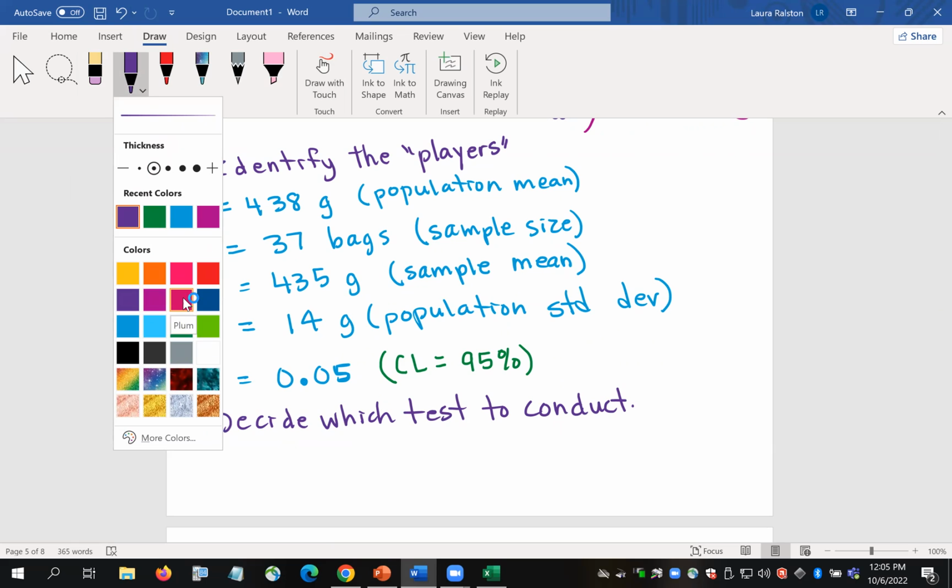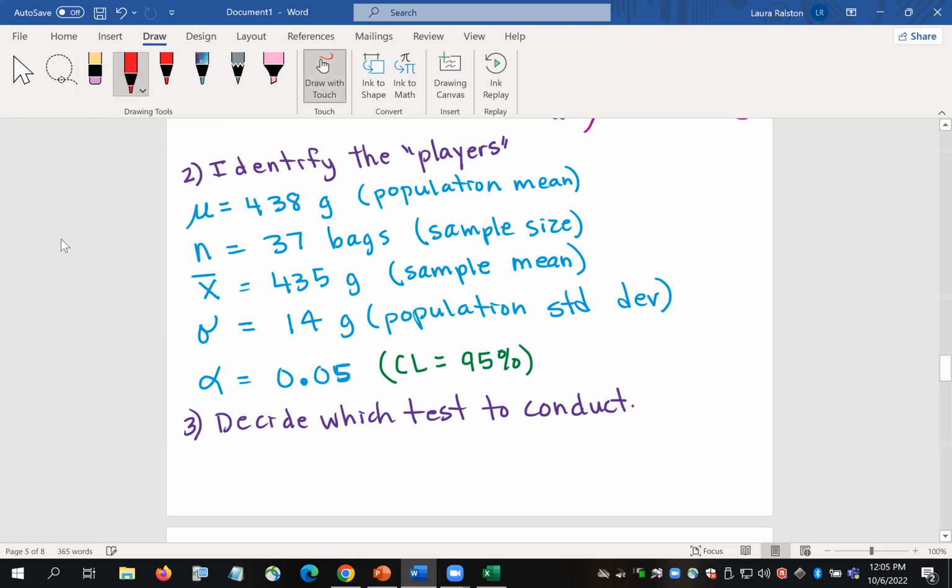Well, if I look at this problem and I notice that I have the population standard deviation. When I know the population standard deviation, that means I'm going to do a one mean z test. Now, remember that the one mean z test is connected to or related to the normal distribution.